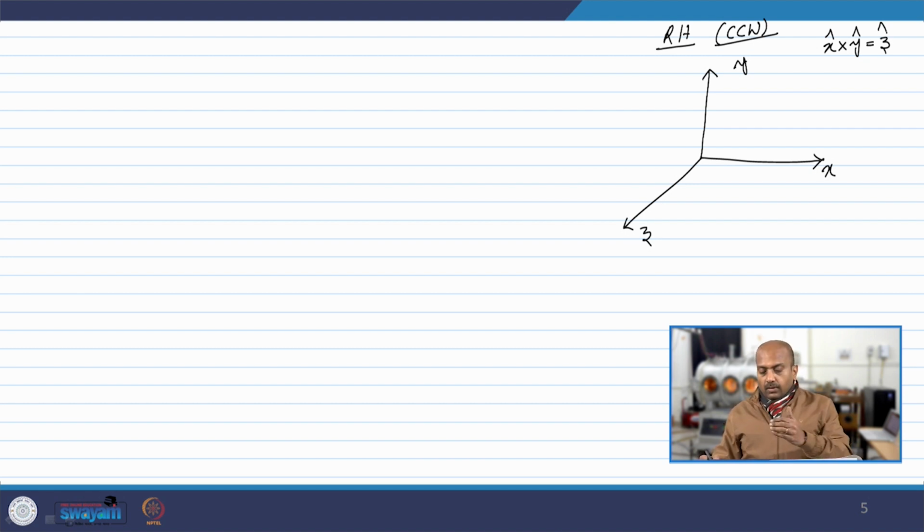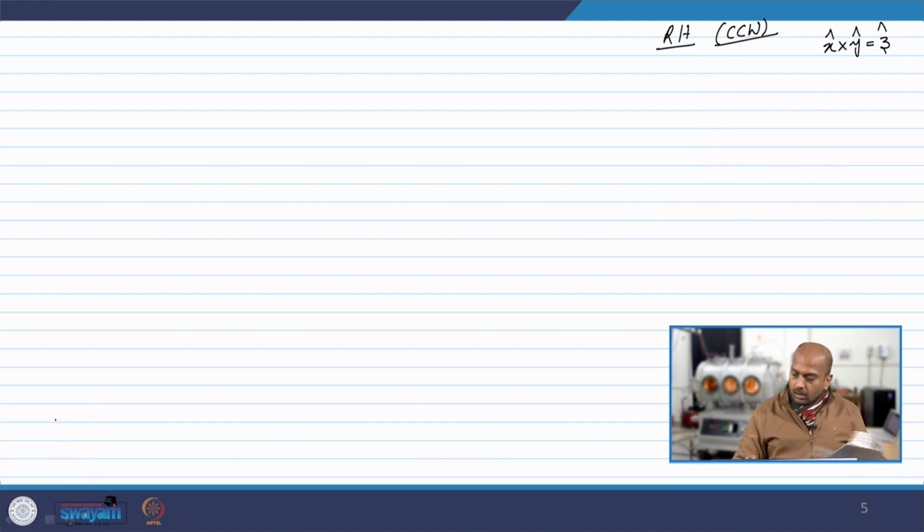Now, the z coordinate is drawn like this, but if you want to visualize it, the z axis is actually coming right out of the page. So the best way to draw this is like this. This is your x, this is your y, and this is your z.